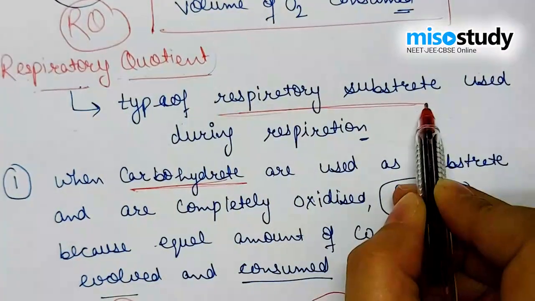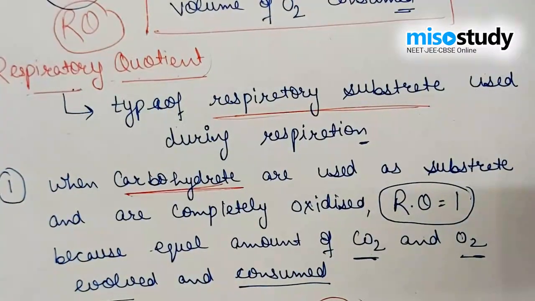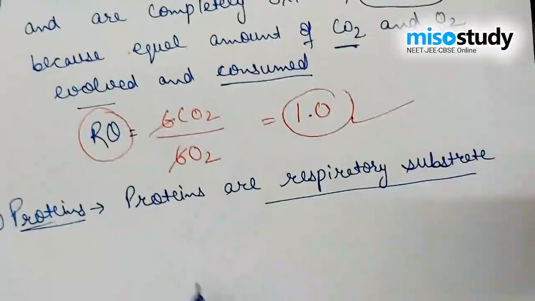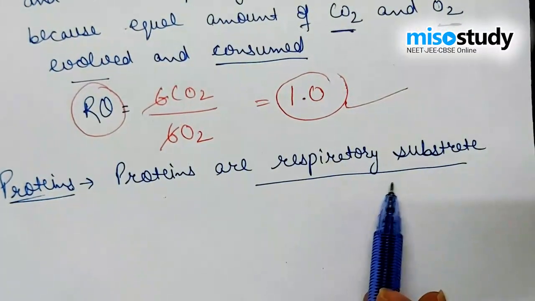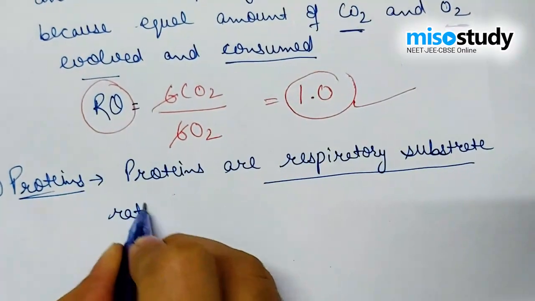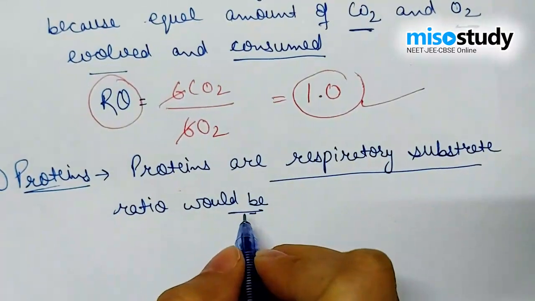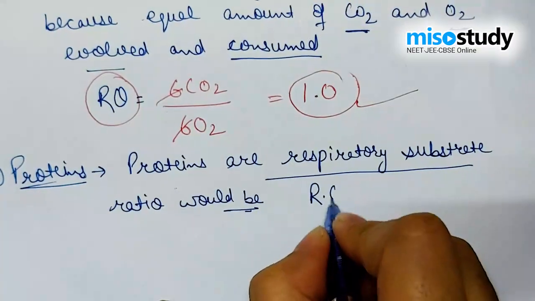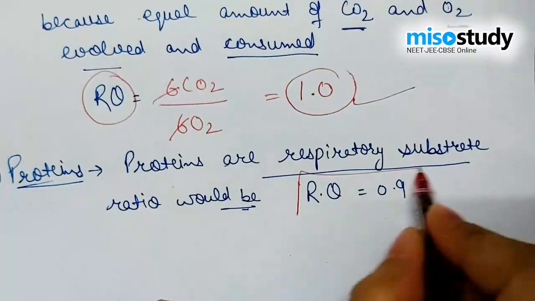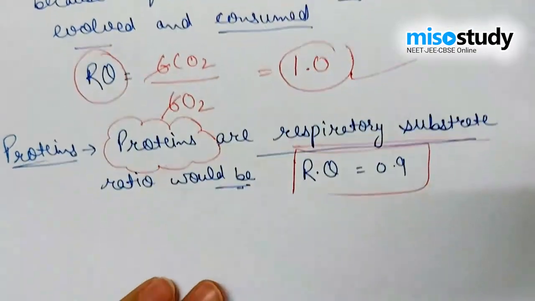We generally use various kinds of substrate like protein, carbohydrate, fat, organic acid, and along with that the respiratory quotient value will also change. When protein acts as a respiratory substrate, the respiratory quotient is about 0.9.